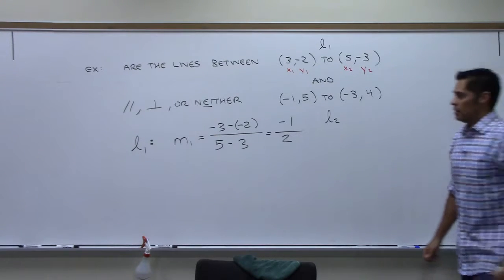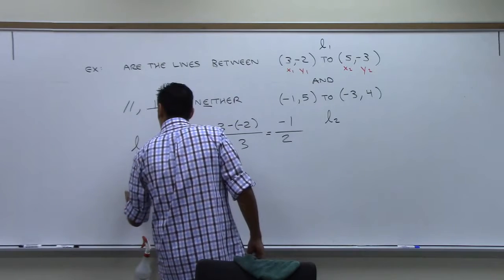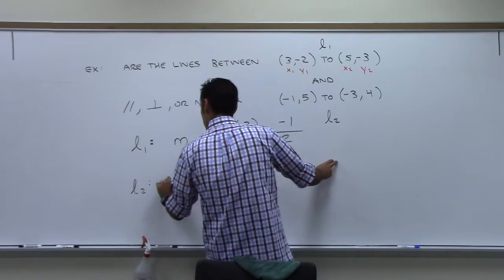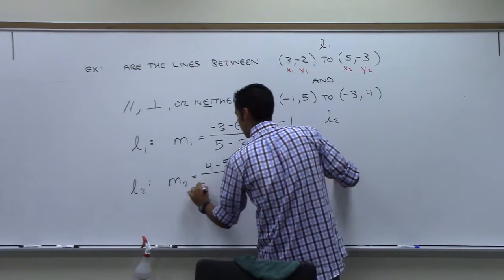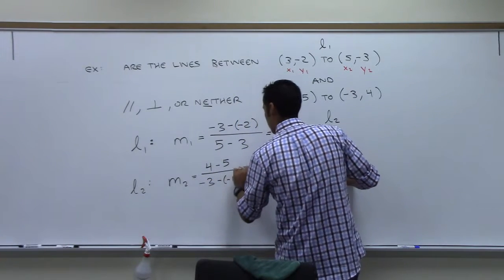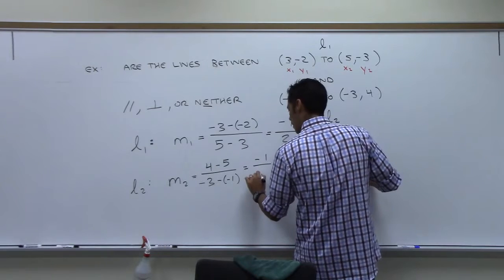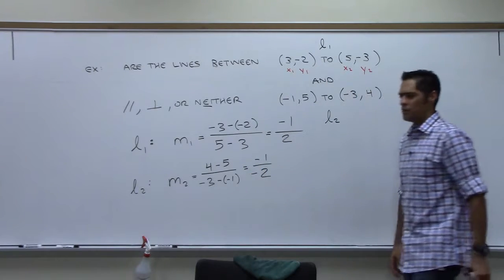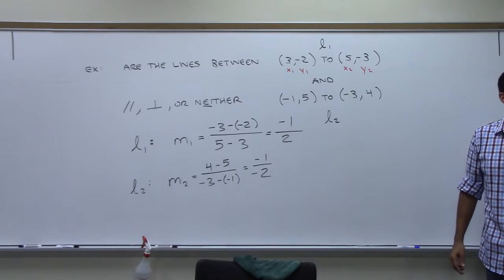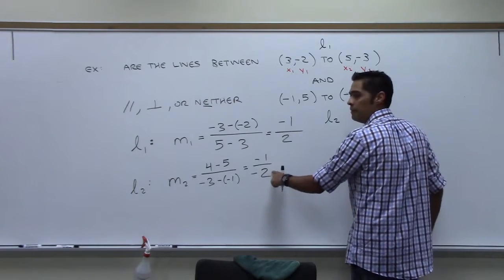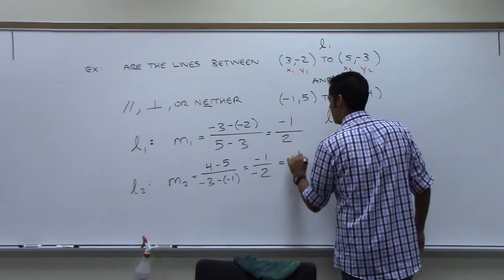And then for line 2, you would do 4 minus 5 over -3 minus parentheses -1. You would get -1 over -2. Okay, try to keep up with you there. Yes? We good? And negative over negative? Positive. So this is +1/2.